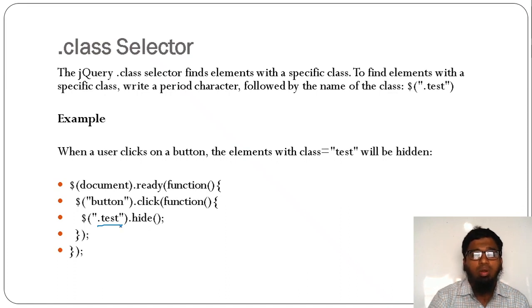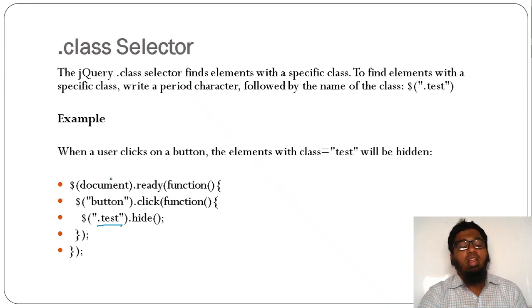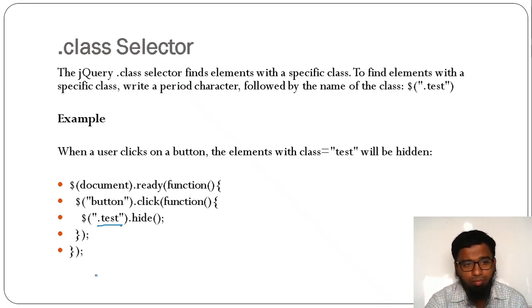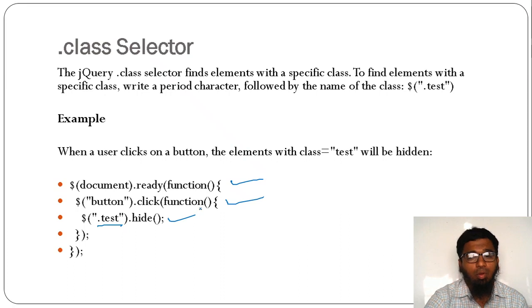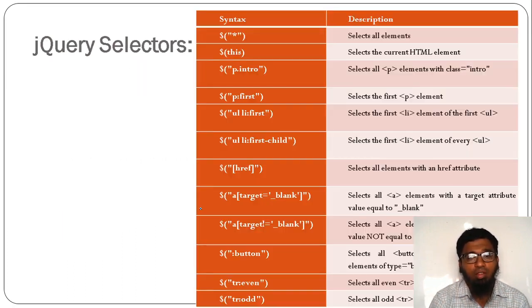So this is about the id selector and the class selector. So this is the syntax. First we need to write the document, then we need to write where we need to perform. I need to perform the operation on the button. Then after the button, when I click on the button, what will happen? .test, wherever the .test class is there, that should be hidden. Okay, so this is performed by jQuery.